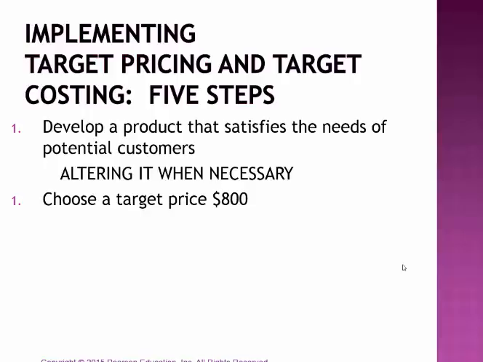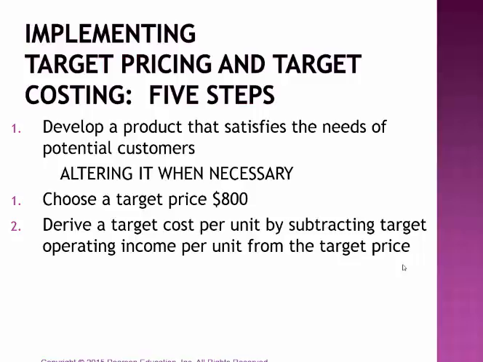Okay, so right off the bat, alarms should go off in your head. You now have a price that is $100 below your long run cost. So you know right now your company has got a lot of work to do in order to get all of those costs down.